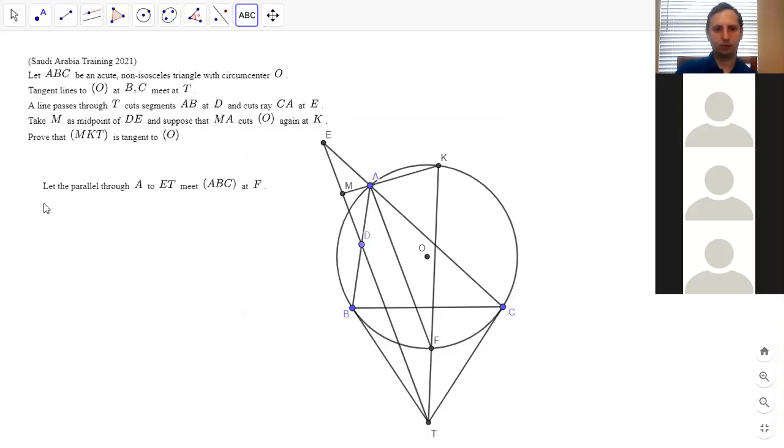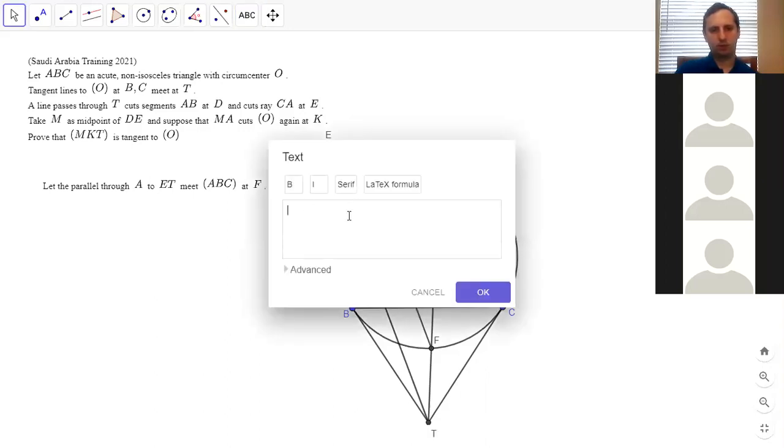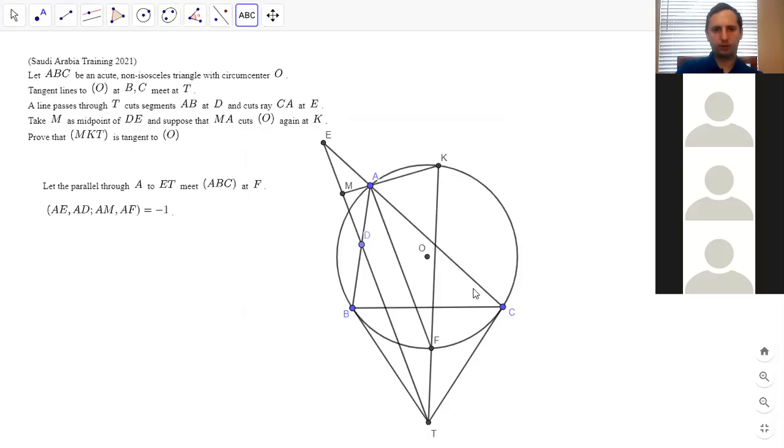So then we can project, projecting through A onto the circle.